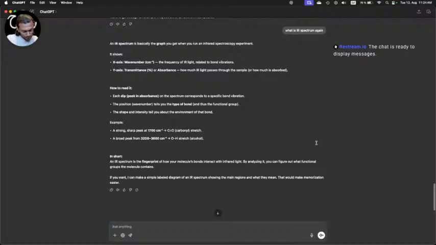Organic chemistry, IR spectroscopy. It's a form of graph or fingerprint on how your molecule's bonds interact with infrared light.